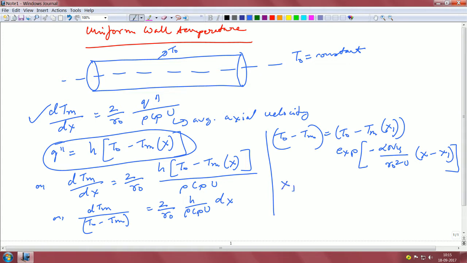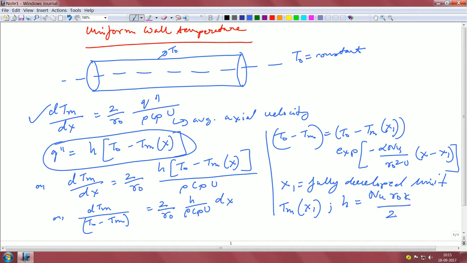X1 is basically the region where fully developed flow starts, the fully developed limit, and Tm at X1 is the temperature at the starting point of the fully developed regime, and of course H is Nu R naught K by 2. Using these two we have got this full expression.